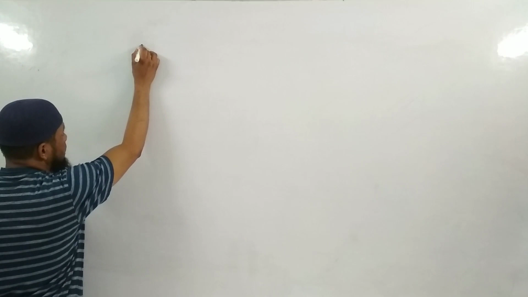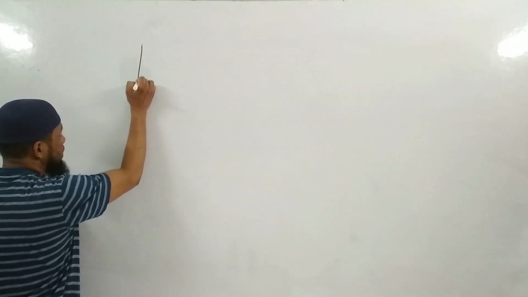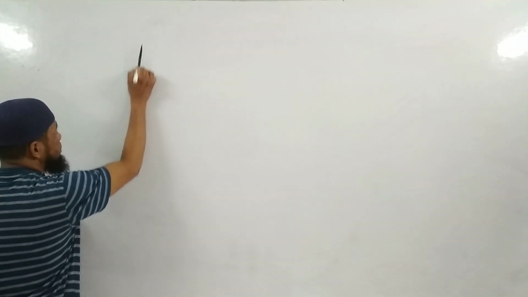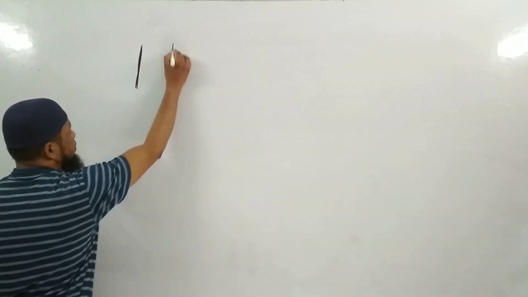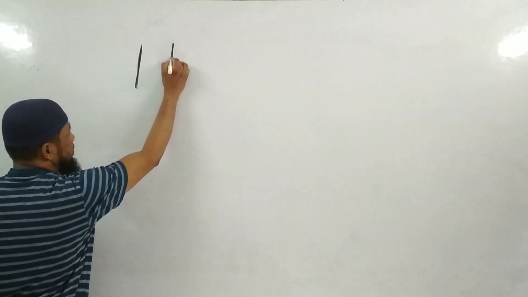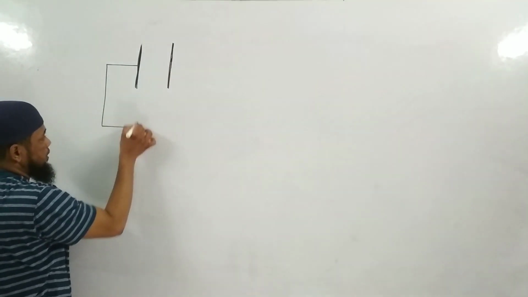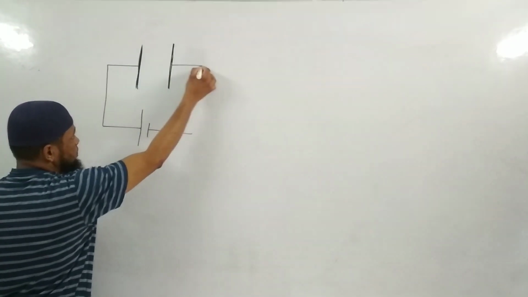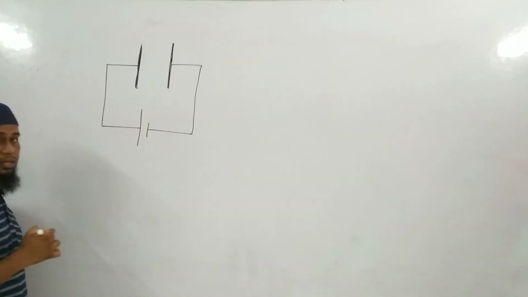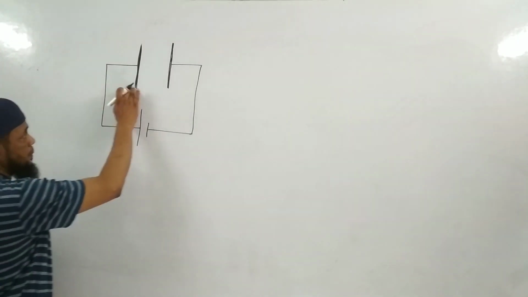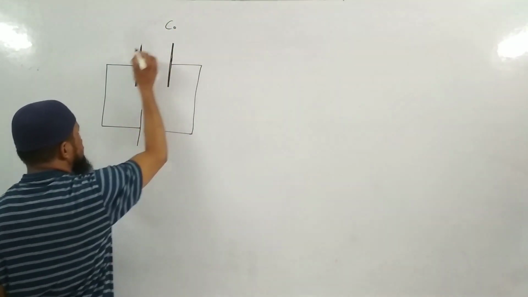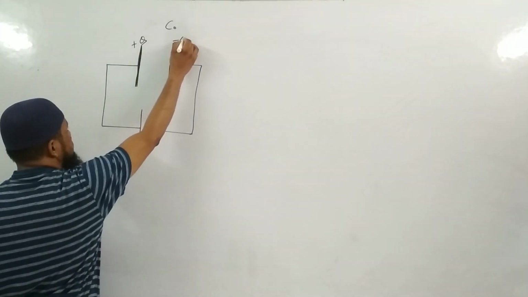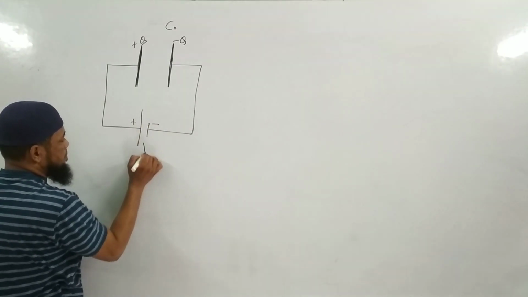So now let us think about this capacitor. Let me discuss this point very carefully, and you have to see it properly. There is a battery of V volt connected across a capacitor of capacitance C. Suppose here the capacitance is C naught, with plus Q, minus Q, and a battery of V volt.